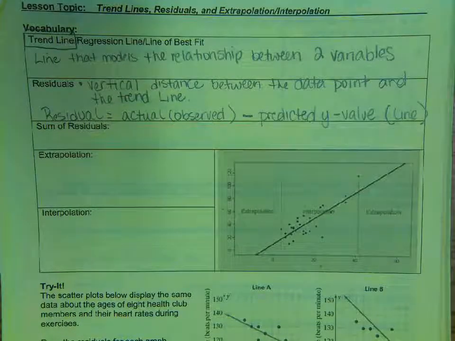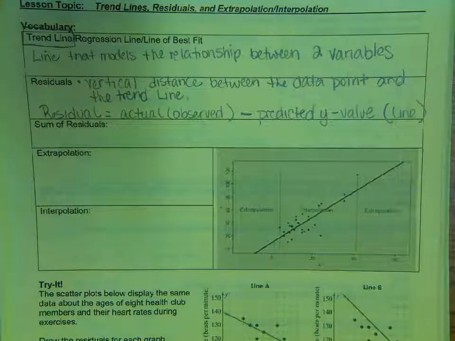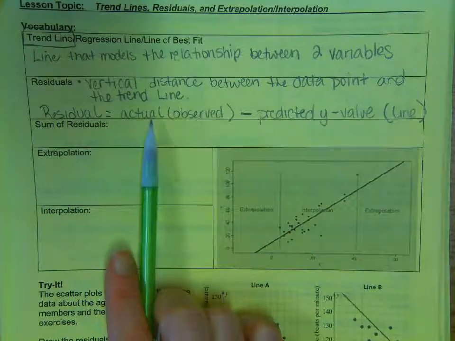So I have a question for you then. The closer that the line is to the points, what should happen to the residual then? If the line is closer to the points, what should happen to the residual? What would happen if you subtracted those two numbers then?